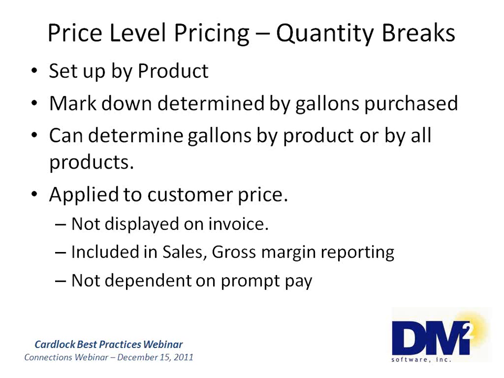Or I can set it up and say, no, he only gets this discount if he buys that many gallons of gasoline. It's a system setting, so it applies to all customers and across all products.